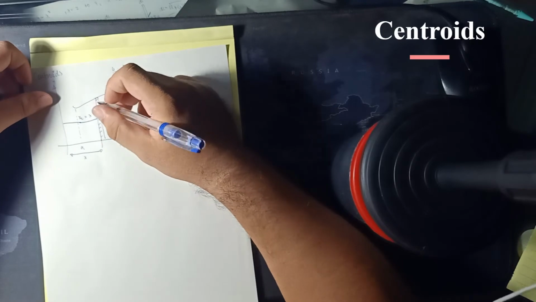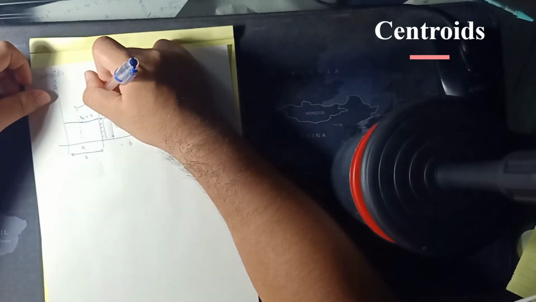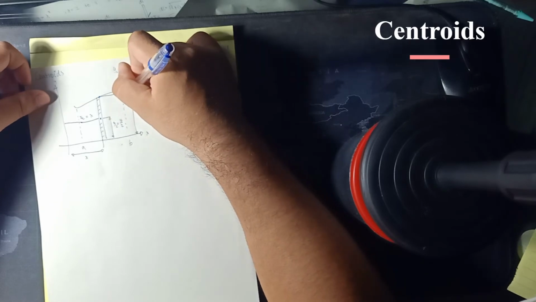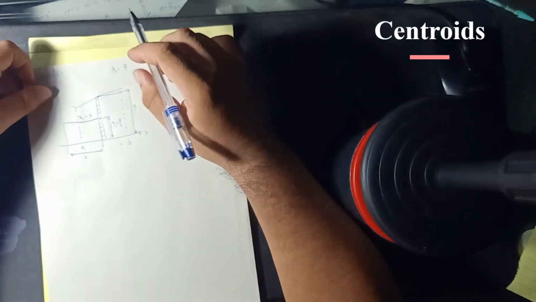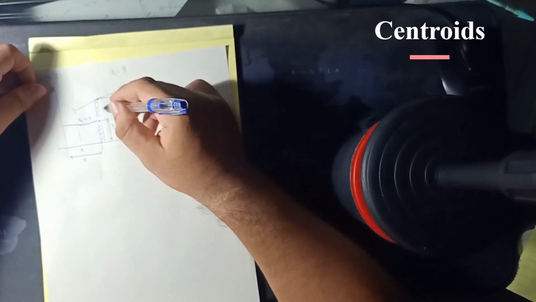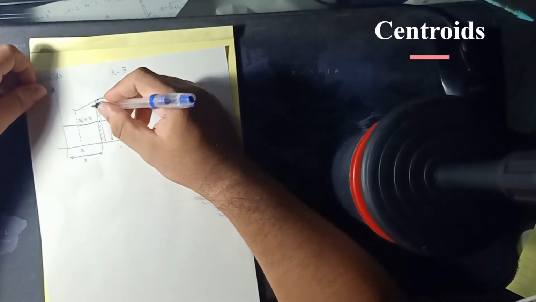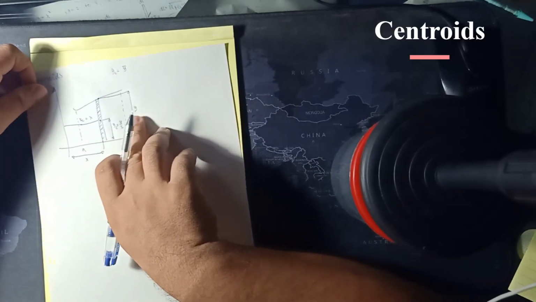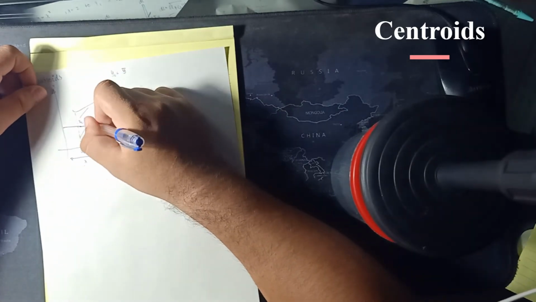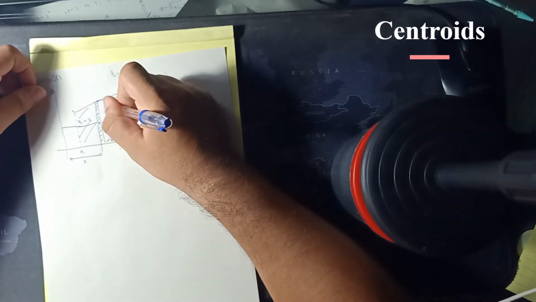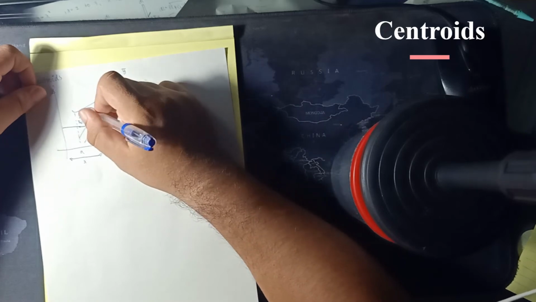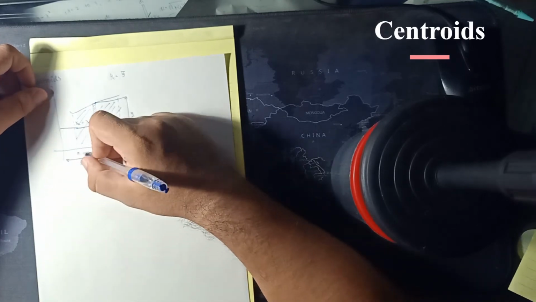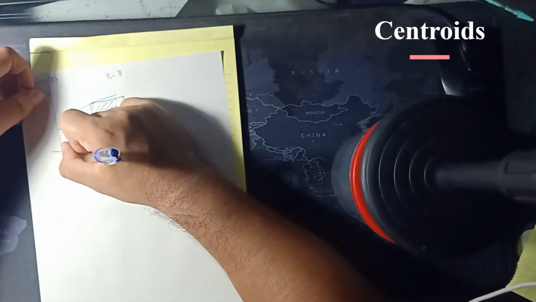From the top of your strip, that would be your y. Your XC here, we're only computing its centroid. But for your y and your x, we're computing the area. So you should not be confused, because your XC is only for your centroid, and your y is for the area.